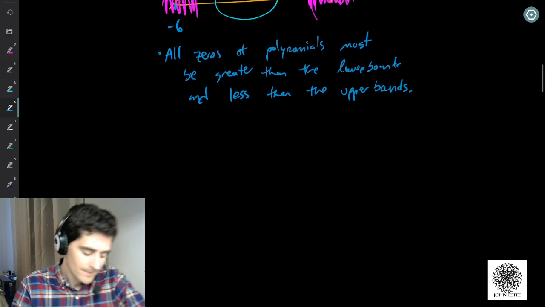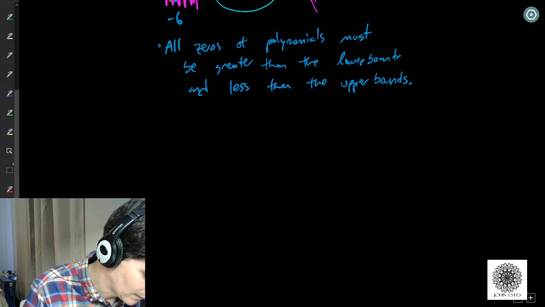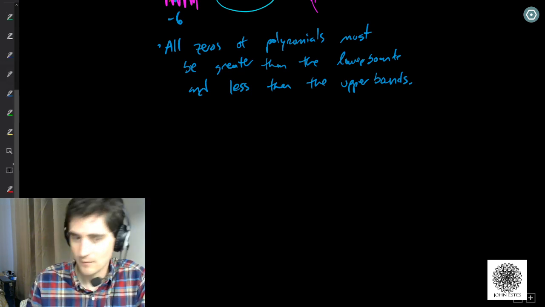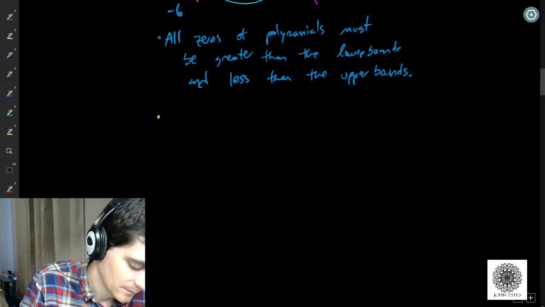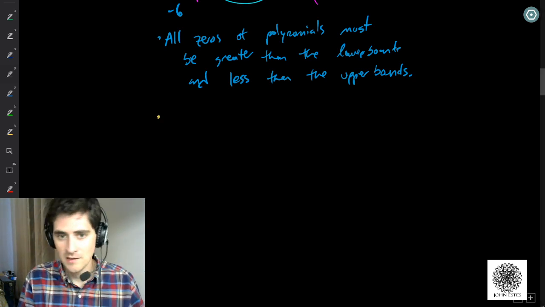Okay, so here's the rule. This is our theorem for finding upper and lower bounds. Let's pick a value k.